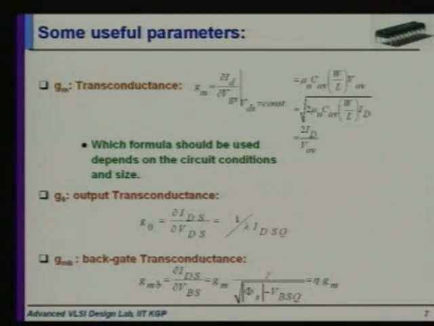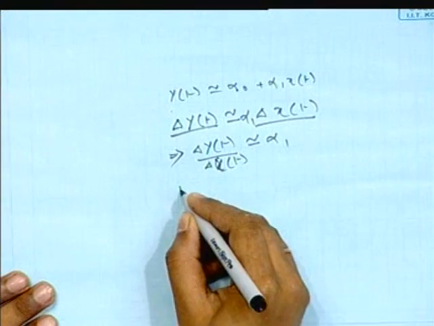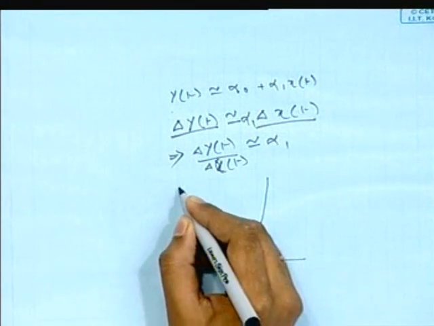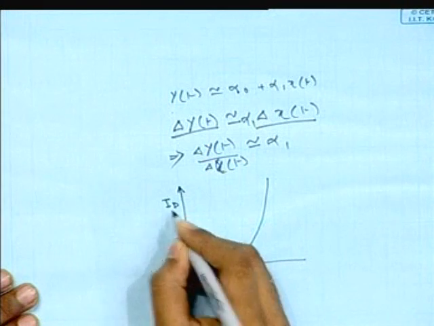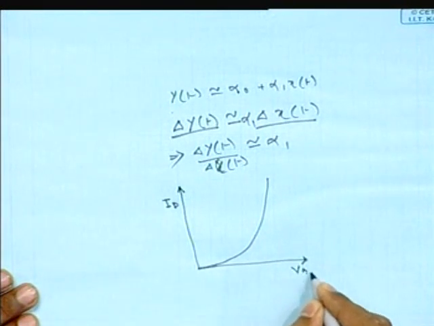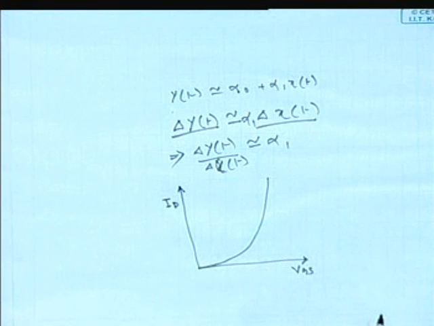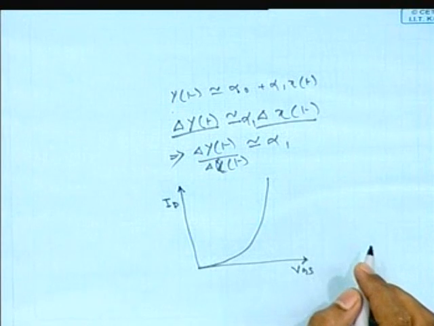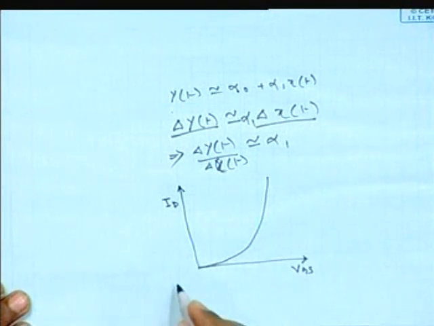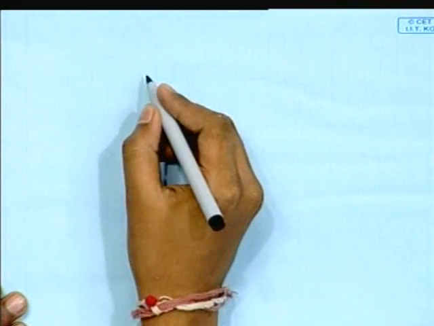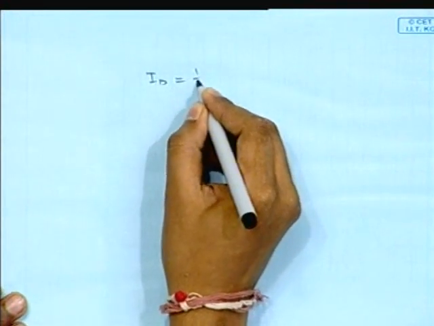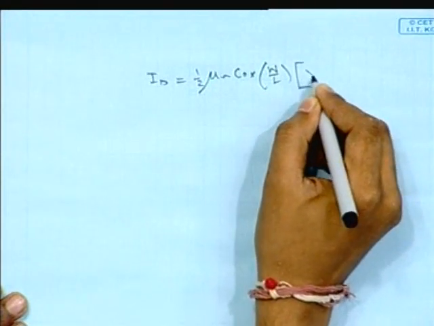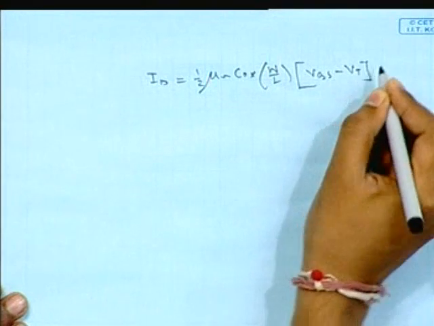gm is nothing but the transconductance, that is whenever we vary our VGS taking constant VDS, we will get this type of curve, and the change delta ID with respect to delta VGS will give this transconductance parameter, that is gm. gm can be calculated from that particular equation, that is in the saturation region we can write ID equal to half mu n Cox W by L, this VGS minus VT whole square.